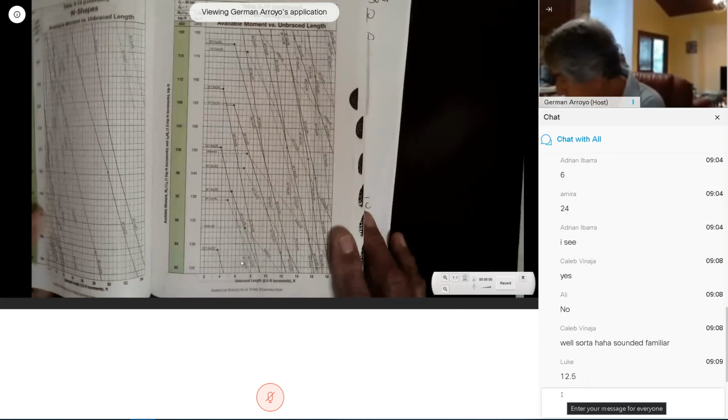So right now, we determined that we had W12 by 53. And remember, if you are lost, if you need help, I will help you later or in a little while. But this is very important. You have to understand this.